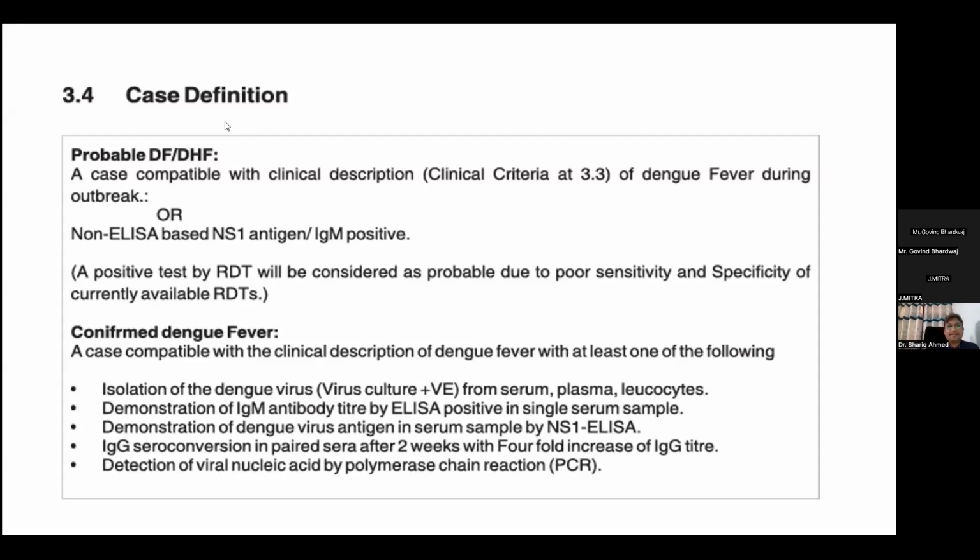So probable dengue is clinical criteria plus a rapid test positive, and confirmed dengue is when we have confirmatory evidence from the lab by ELISA, viral culture, or PCR, or there is a 4-fold rise in the serology of dengue.